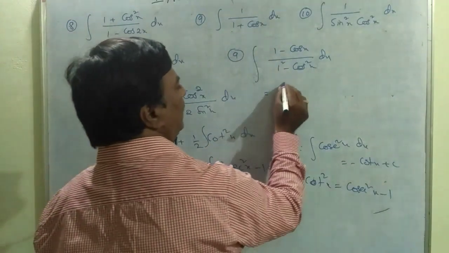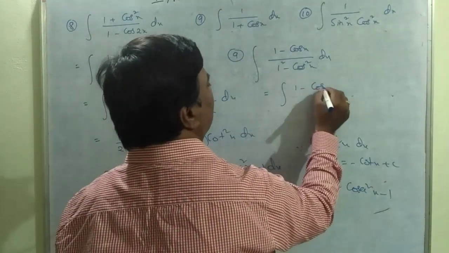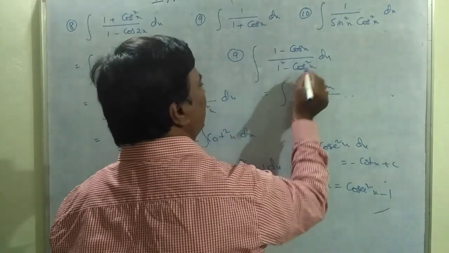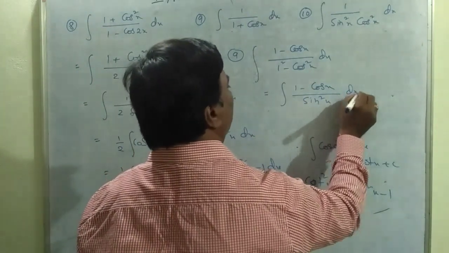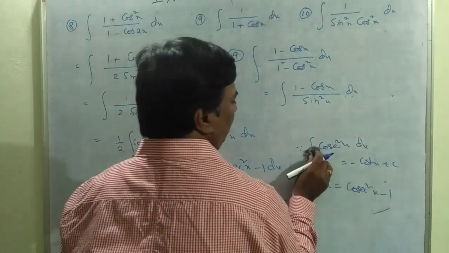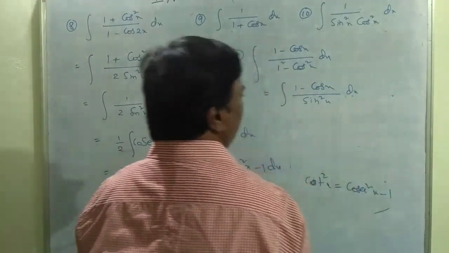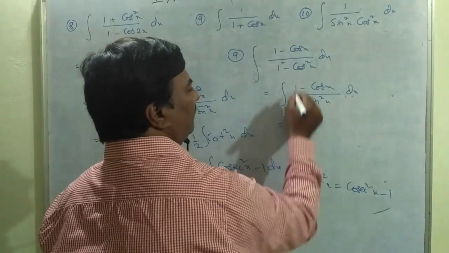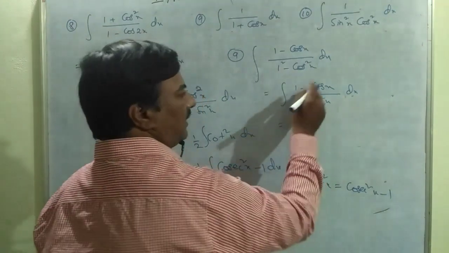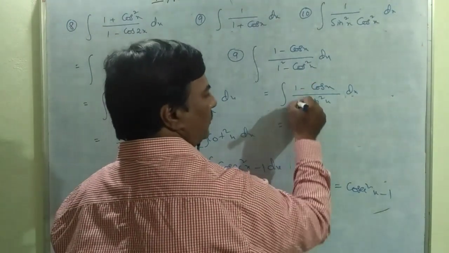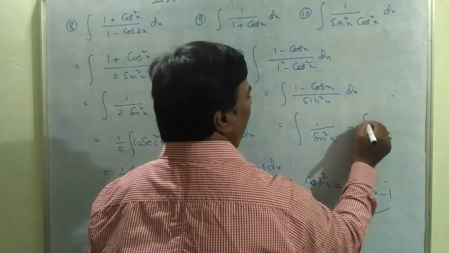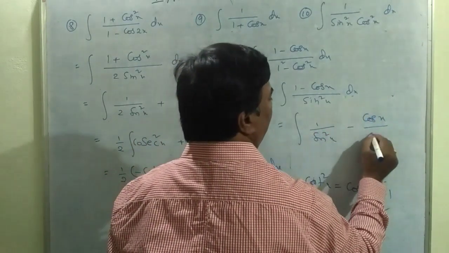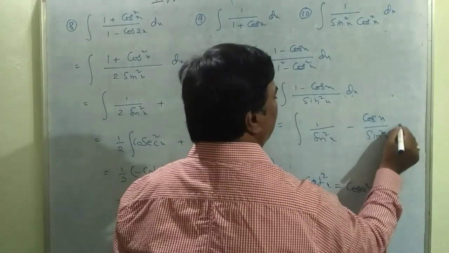Now 1 minus cos x divided by 1 minus cos square becomes sine square of x. From this we can proceed: 1 by sine square separately, and cos x divided by sine square of x separately.